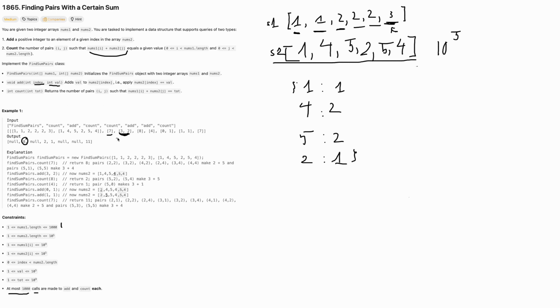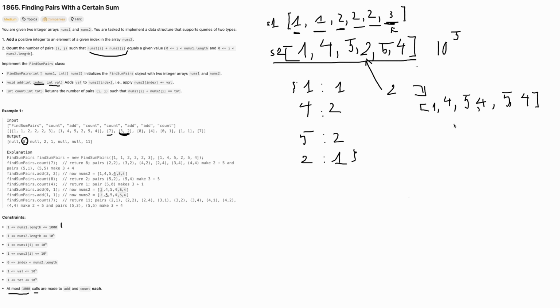For example, we are given 3 2, so it means that we are trying to modify the value of 2 in here. The index is 0 1 2 and 3, and we need to modify this one by adding 2. So the value will be changed, like 1 4 5 4 5 4, right?